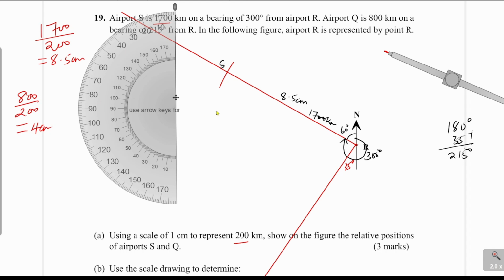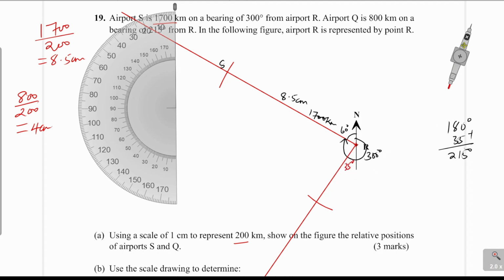So 4 centimeters, let me take that measurement, 4 centimeters. Four centimeters, that is a 4. Yeah, that is 4. So mark it like that.